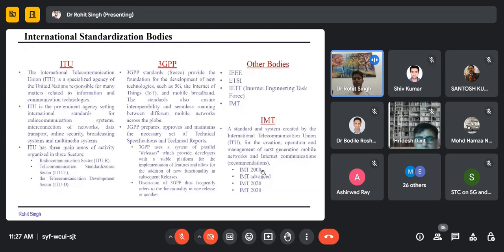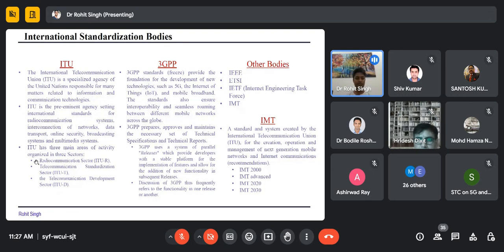As we are talking about standardization, the internationally recognized standardization bodies that create standards for wireless communication systems are summarized here. The first one is ITU, the International Telecommunication Union. It is a specialized agency of the United Nations and the prominent agency for setting standards on radio communication.